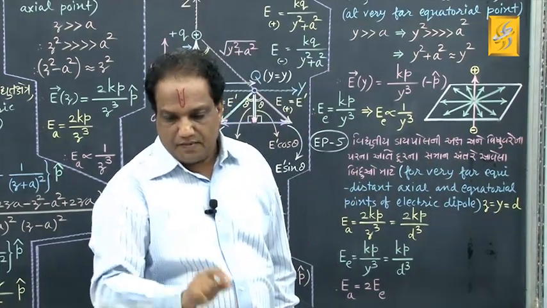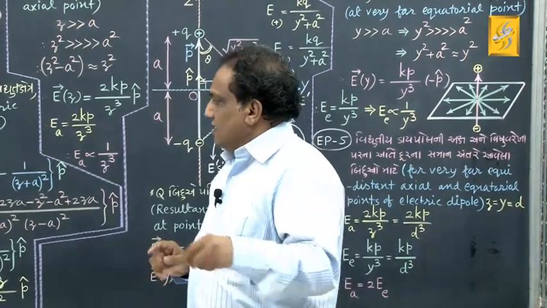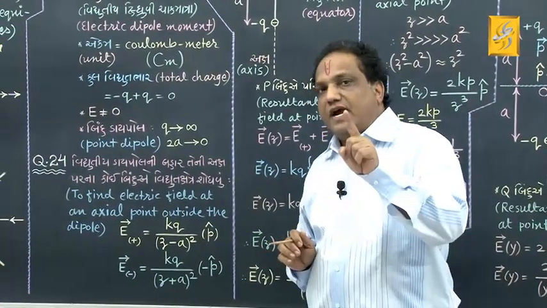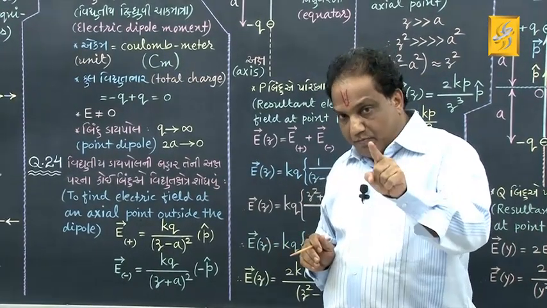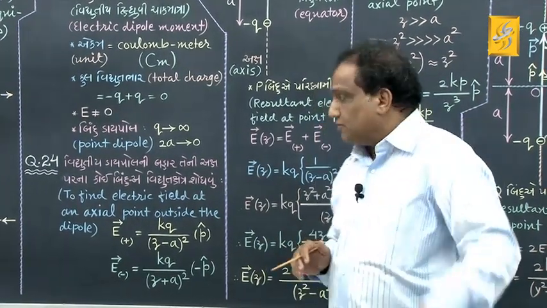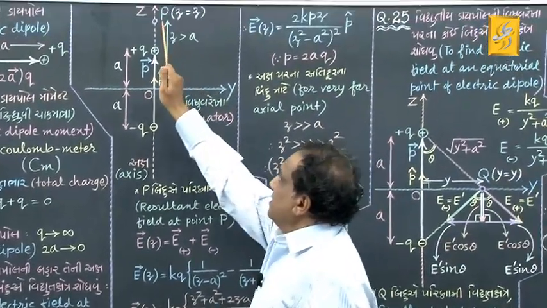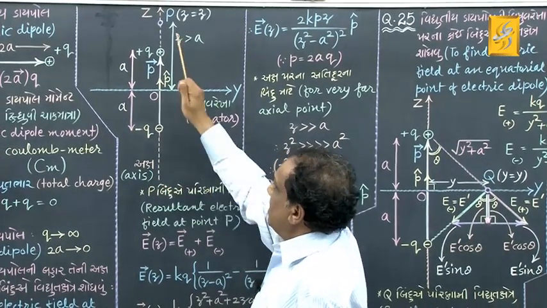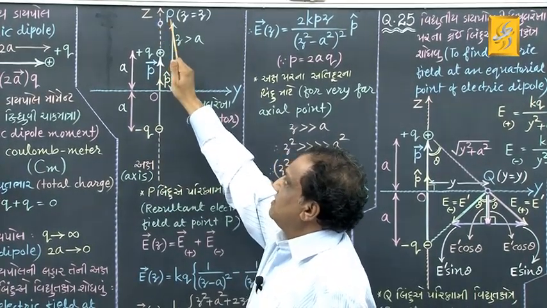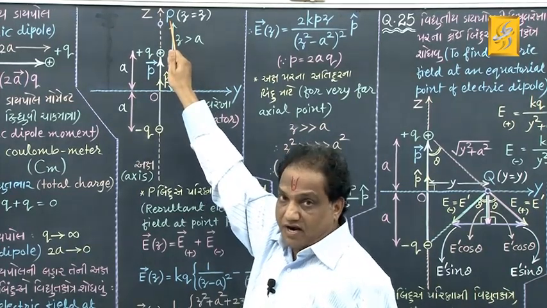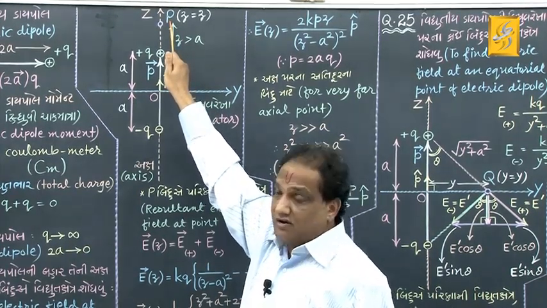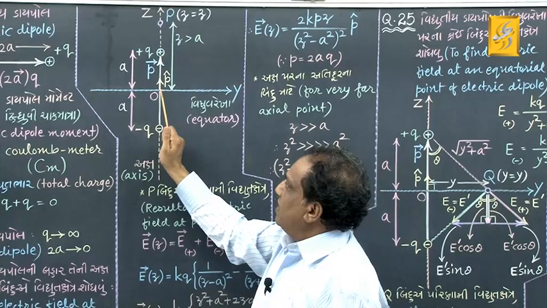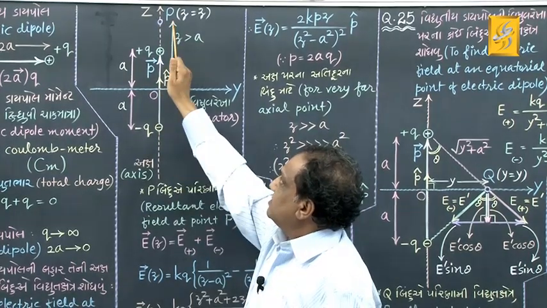Okay, fine. Now, in this question we have to find the electric field of an electric dipole at some axial point, but that point we must select outside the dipole. Look here. This is the axis, this is the dipole, and outside the dipole at this very point I have considered the point of observation where I am interested in finding the electric field, that is point P. The distance of point P from the midpoint of the dipole I am taking as z.